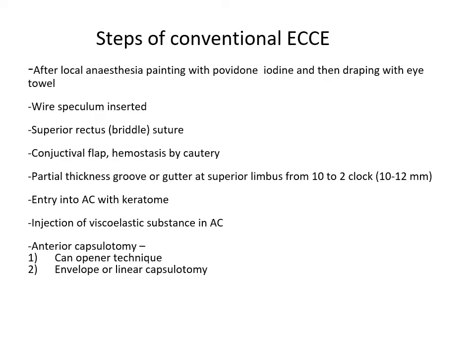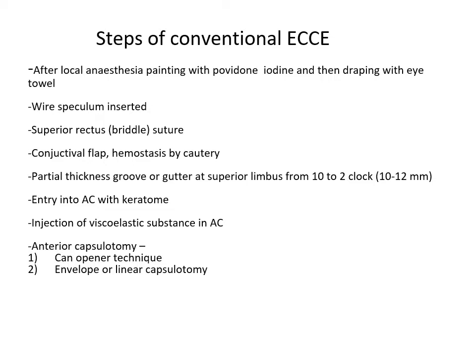The conjunctival flap is made from 10 o'clock to 2 o'clock position. After raising the conjunctival flap, hemostasis, that is stoppage of the bleeding, is done by cautery. Then after the cautery, a partial thickness groove or gutter is made at the superior limbus, from 10 to 2 o'clock. So incision size is around 10 to 12 mm.